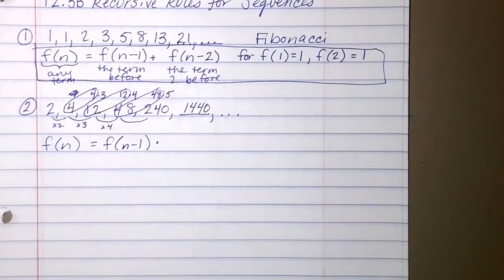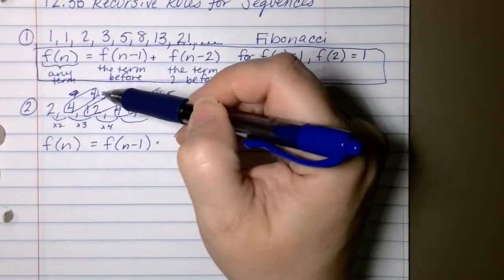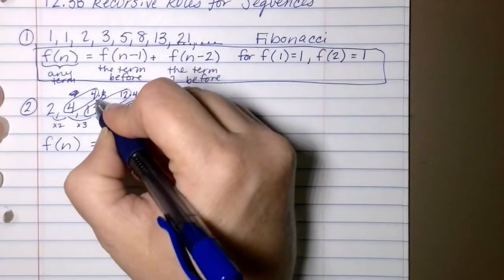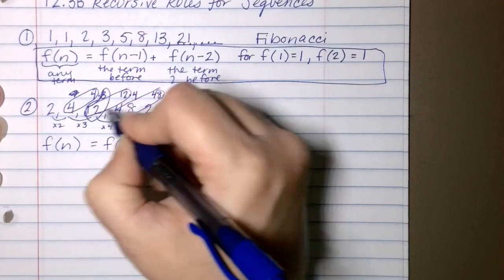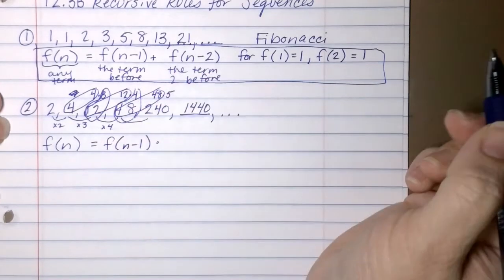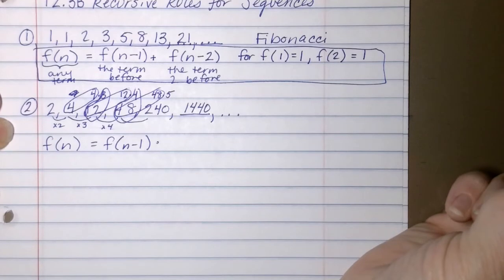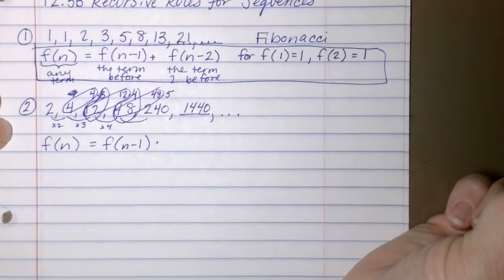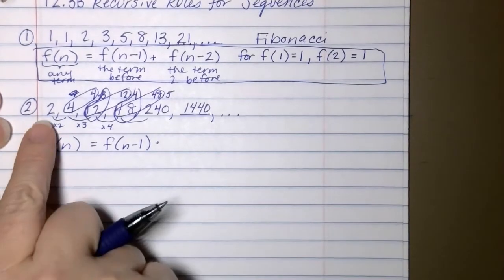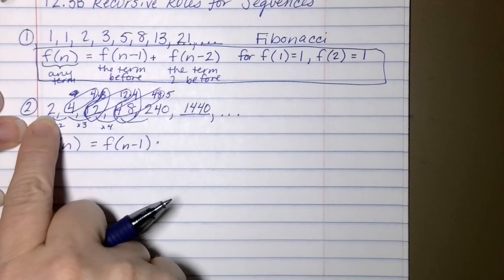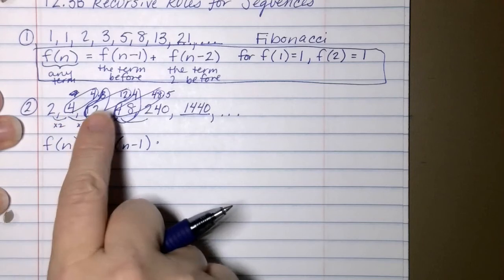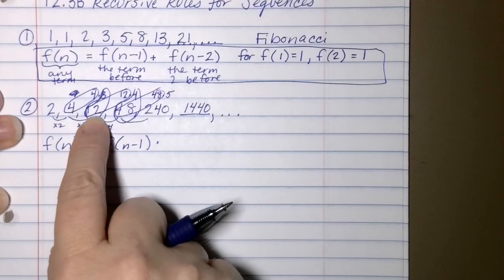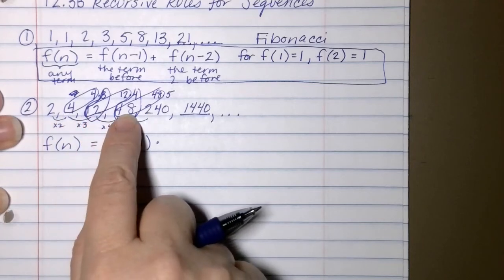What is it multiplying by? What are these numbers? In other words, to get 12, I'm multiplying by 3. To get 4, I'm multiplying by 4. How are those numbers related to those terms? What term is this? First, second, third, fourth, fifth.